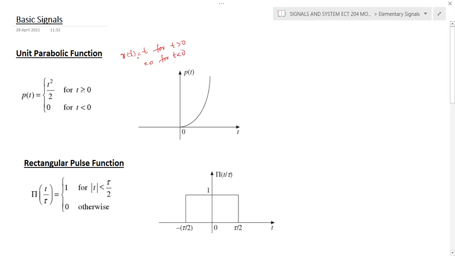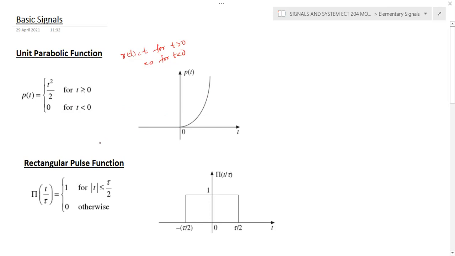Okay, if you integrate this particular signal, you will get t square by 2. So you can write the parabolic function t square by 2 is also a continuation of singularity functions. So this is the general behavior of t square by 2 for t greater than 0.